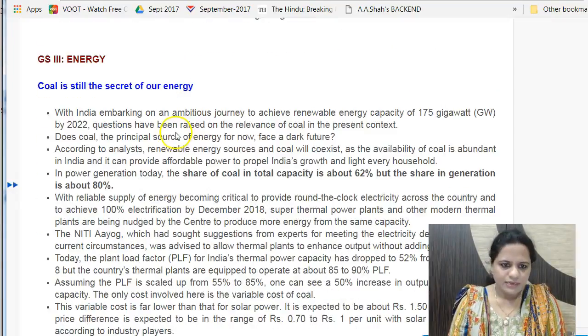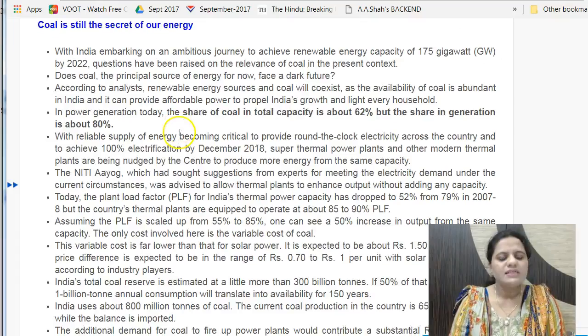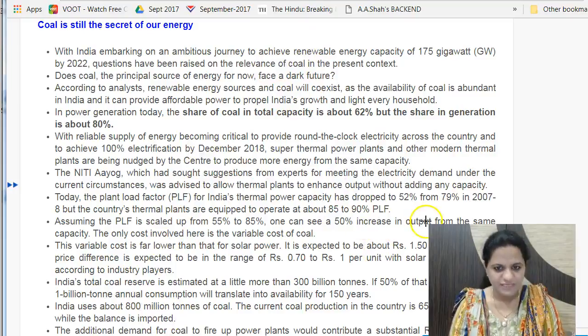Then the next news item is coal is still the secret of our energy. This is an article regarding coal and its significance in energy generation in the country. We are emphasizing renewable energy even under COP21, the Conference of Parties under UNFCCC, the Paris Accord, which we have signed.